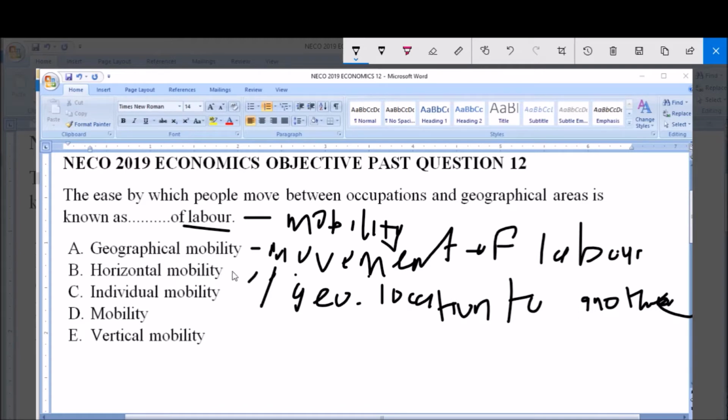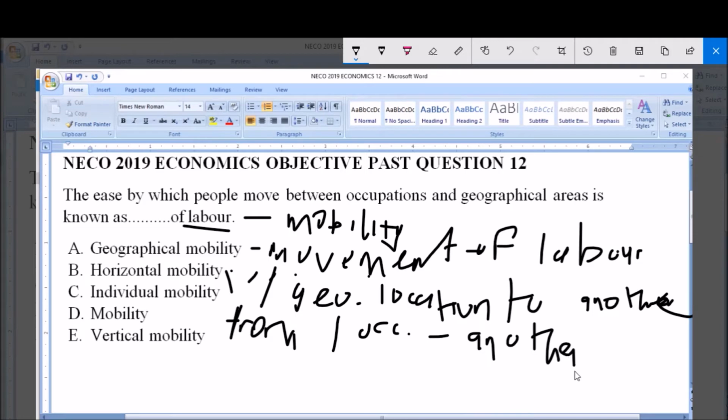So horizontal mobility refers to movement of labor from one occupation to another, however, on the same level or the same grade.